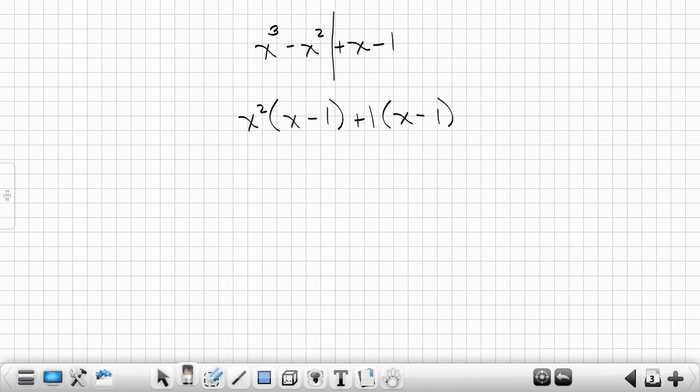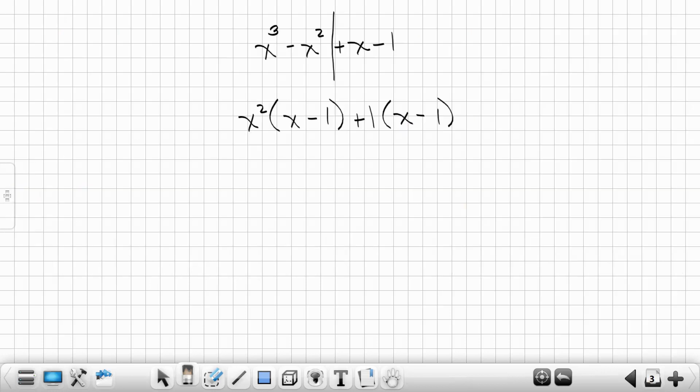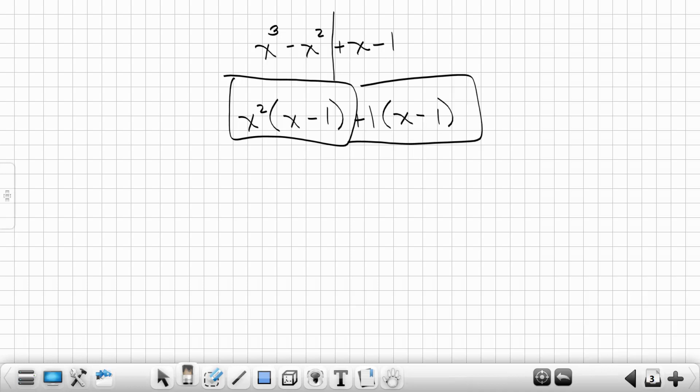Here's the big concept you need to wrap your minds around. Really fast, go back a page. Like when I factored 2 out of this, I put a 2 out in front, and then I divided each item by 2. We're all good? When you factor by grouping, you're pretending now that this is one item, and that this is one item.